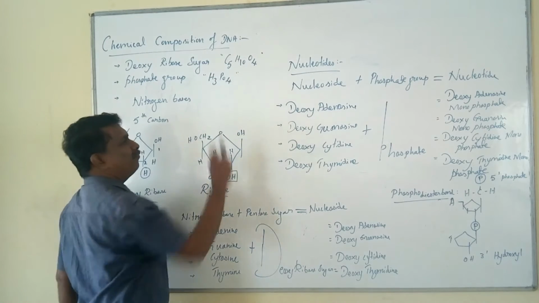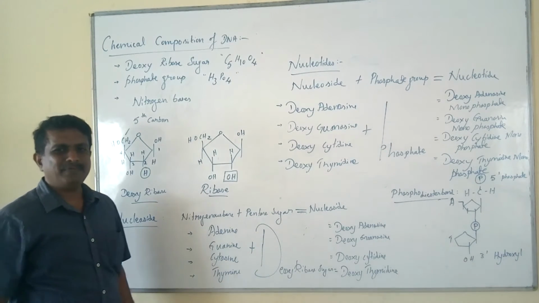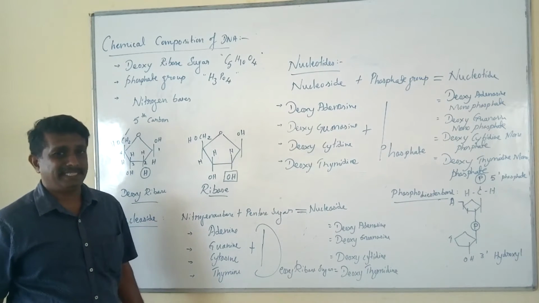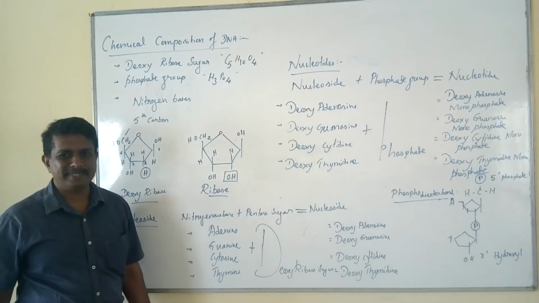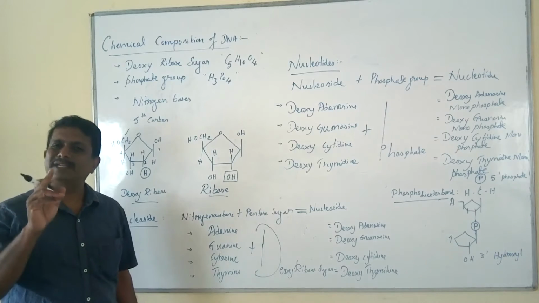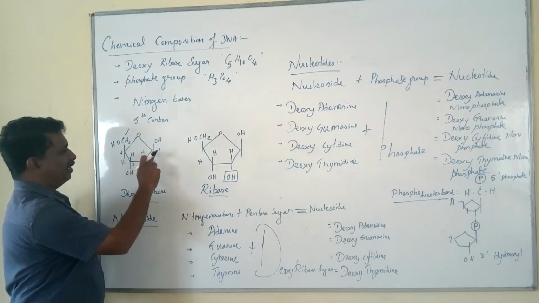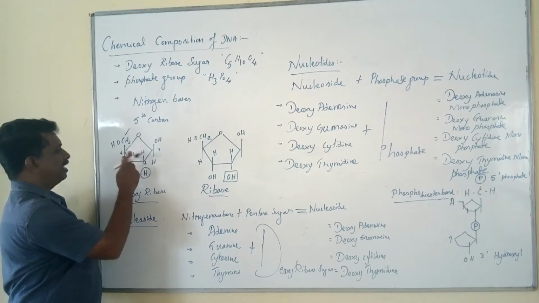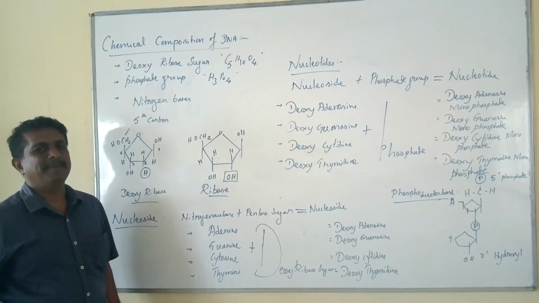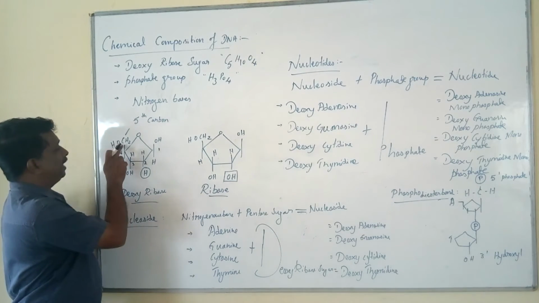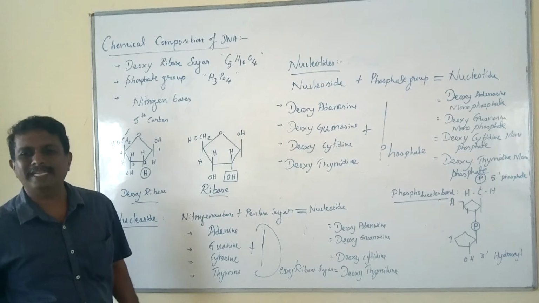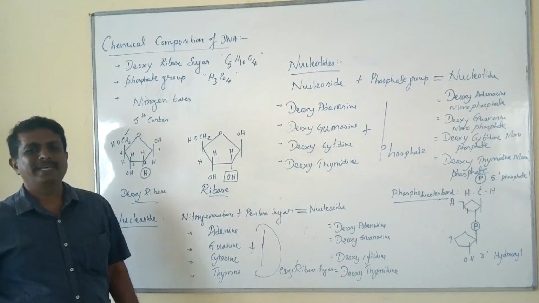Because of the presence of 5 carbon atoms, the type of the sugar is called pentose sugar derivative, in which the 4 carbon atoms and 1 oxygen atom are found in a ring, but the 5th carbon atom is present outside the ring.